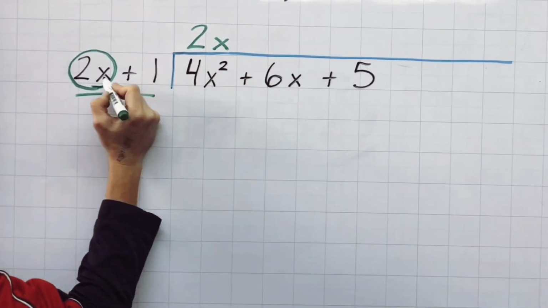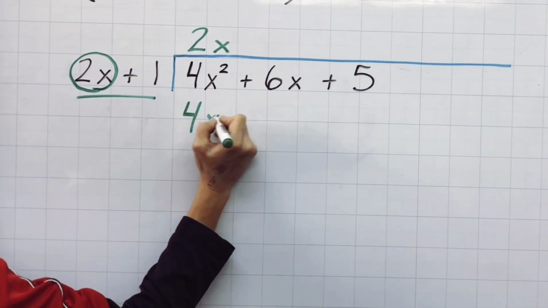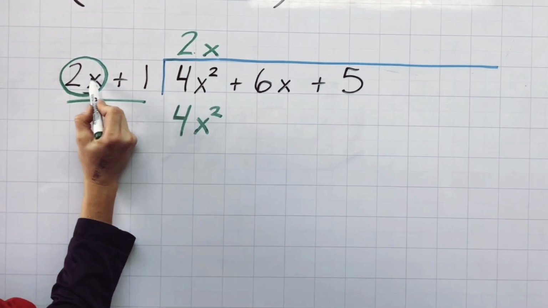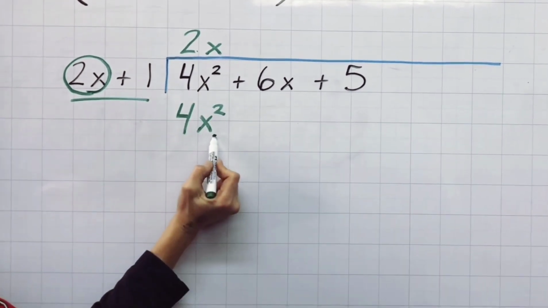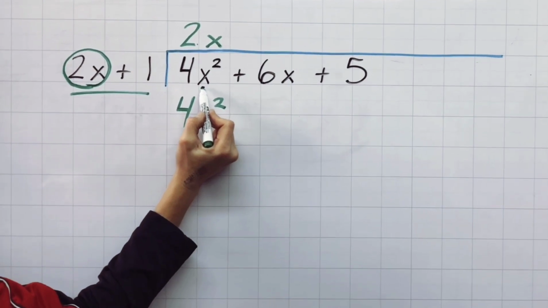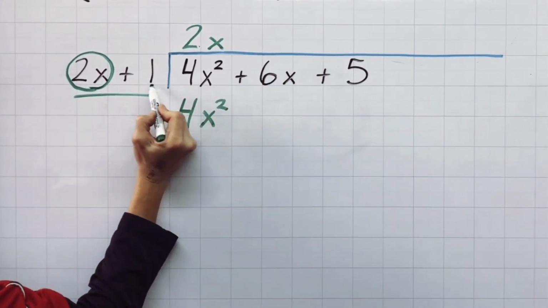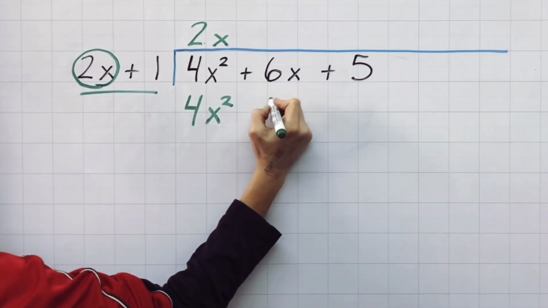So 2x times 2x is 4x squared. Notice that whatever we multiply this by this first term, it always has to be the same as this value that we have here. Then I multiply this 2x times the second part of my binomial. 2x times 1 is 2x.